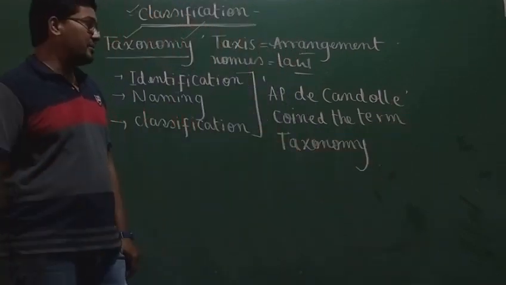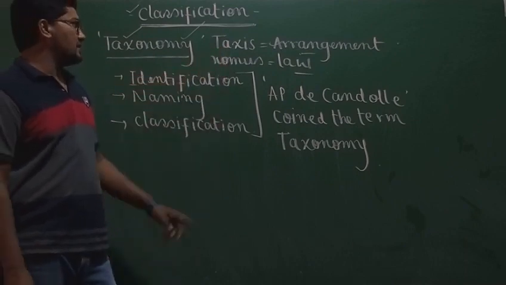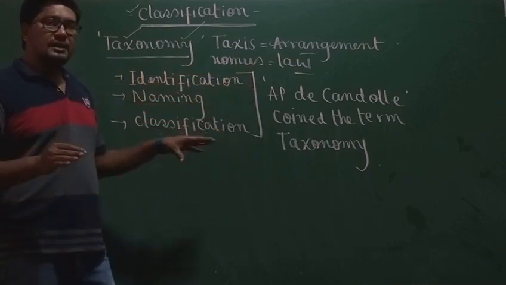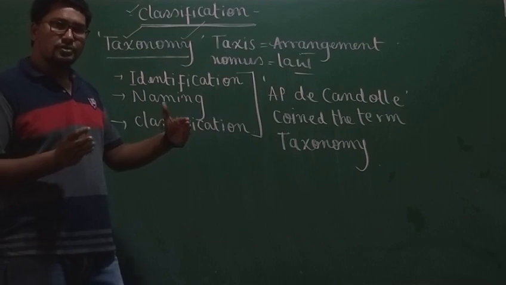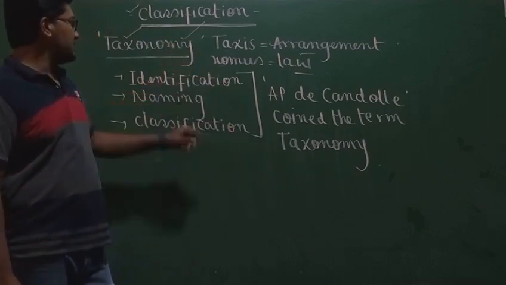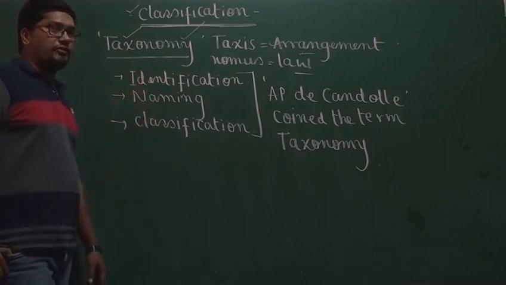It is the combination of two words, that is taxis means arrangement, nomus means law. So systematic arrangement of organisms according to some rules or according to some law is called taxonomy. Taxonomy always deals with identification, naming and classification of organisms.